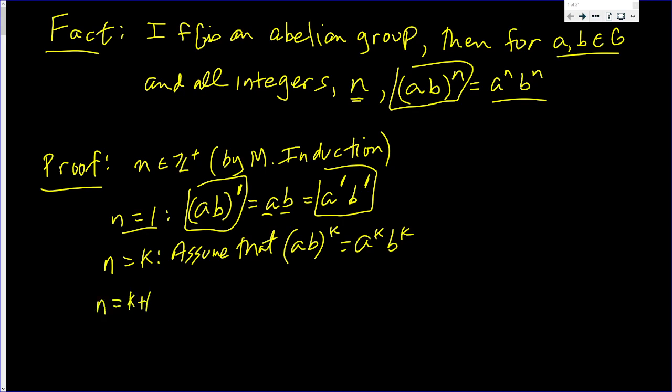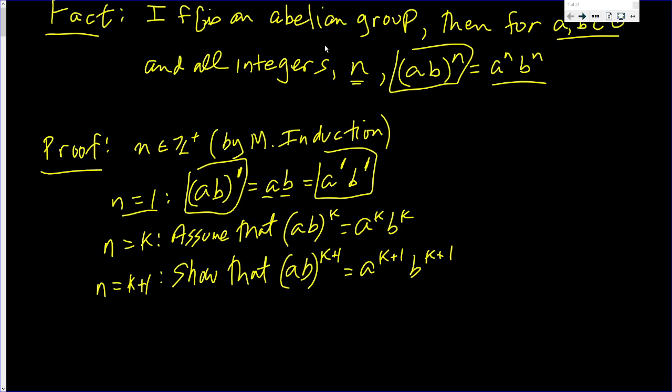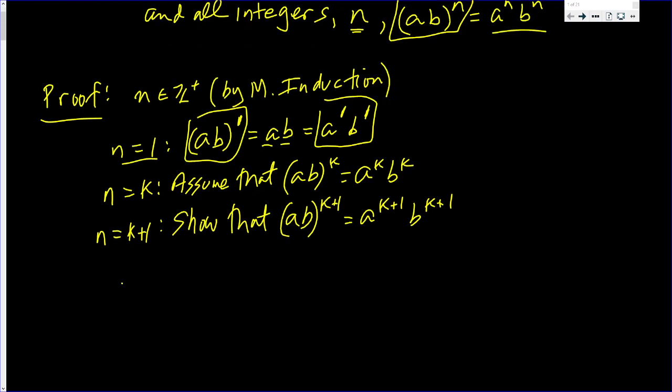When n is k plus 1, we have to show that (AB) to the k plus 1 is in fact A to the k plus 1 times B to the k plus 1. So let's show that. Let's start off with (AB) to the k plus 1.